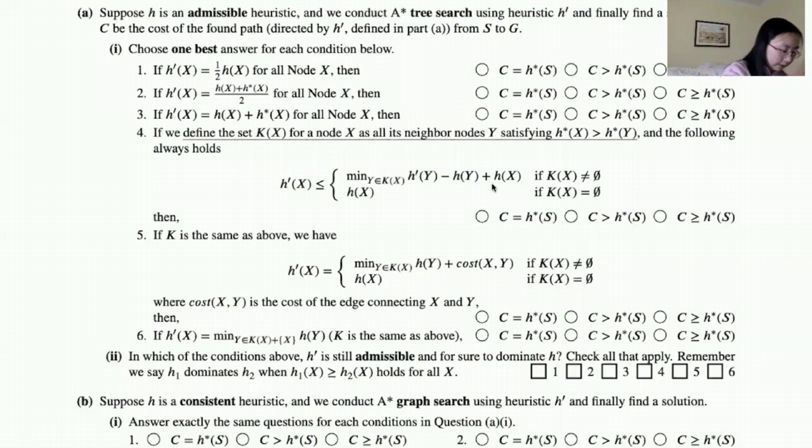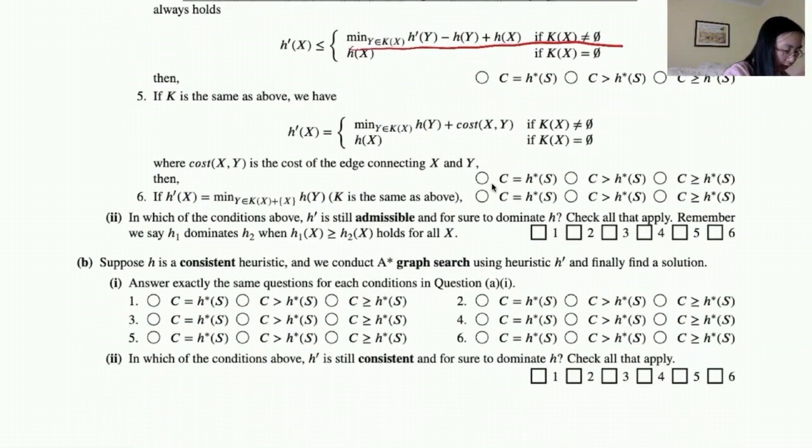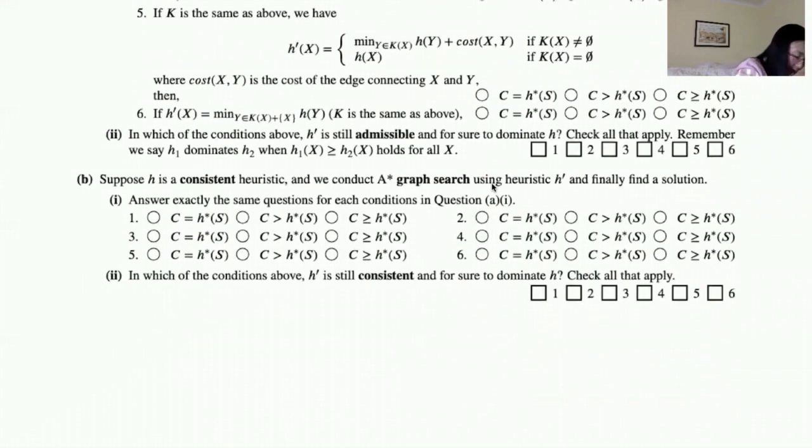Okay, let's get started with part 4 first. Let's see that when K of X is not equal to empty, why this condition still leads to the conclusion that H prime is no greater than H, and thus H prime is still an admissible heuristic. We can prove this by induction.